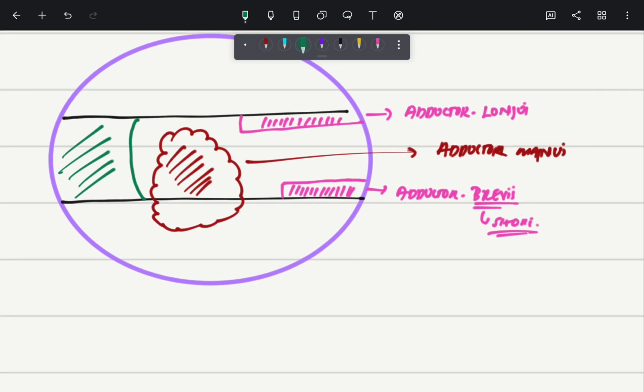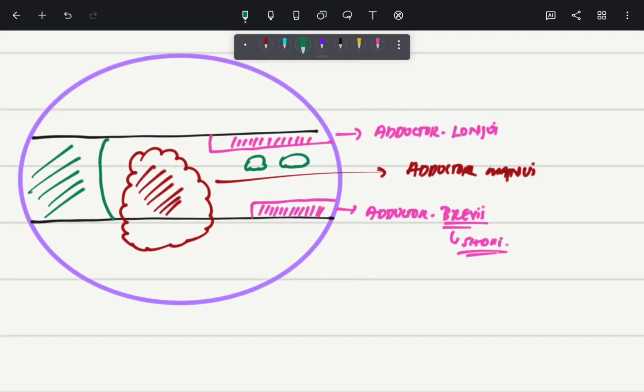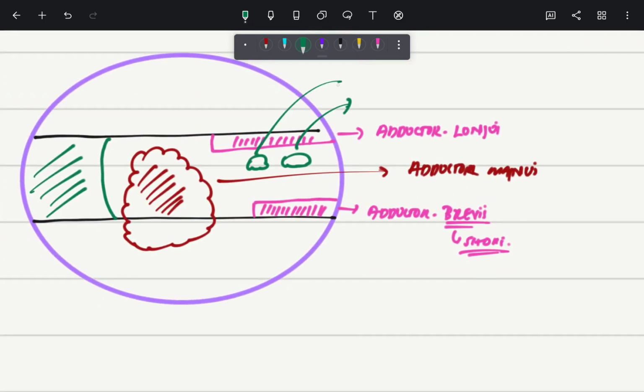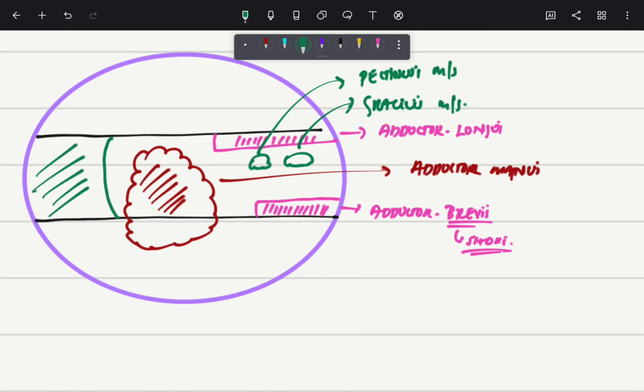And not only that, we have two small muscles here. These are brothers and sisters. The name of the muscle is your pectineus muscle, and the other one is your gracilis muscle. Pectineus and gracilis muscles are also the adductors of your thigh.